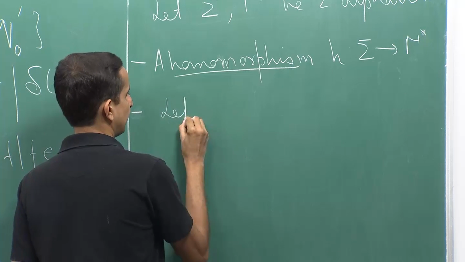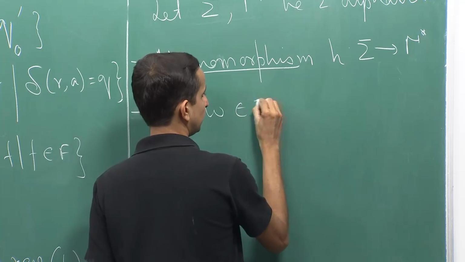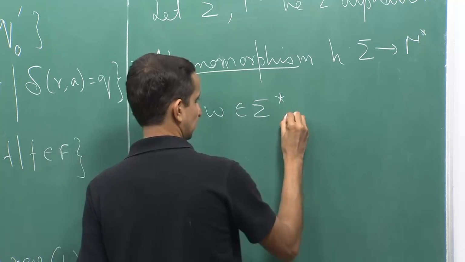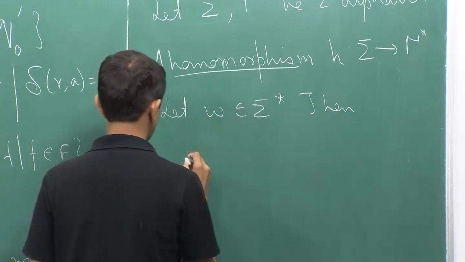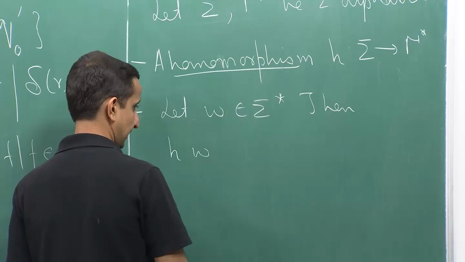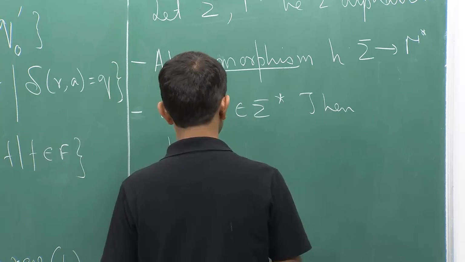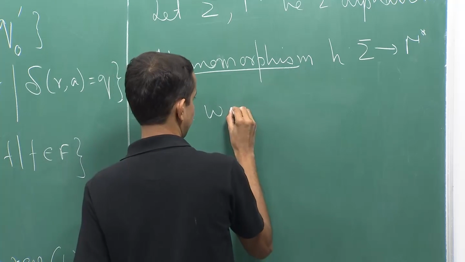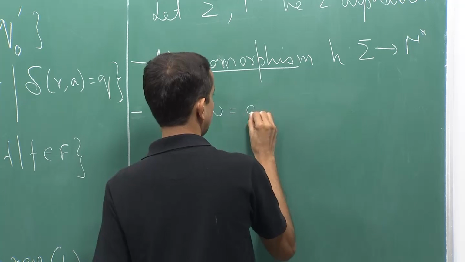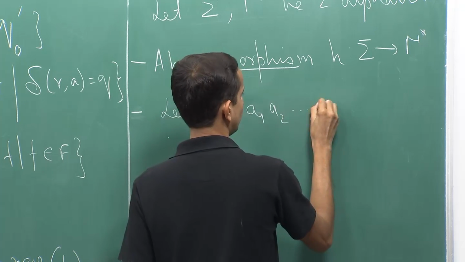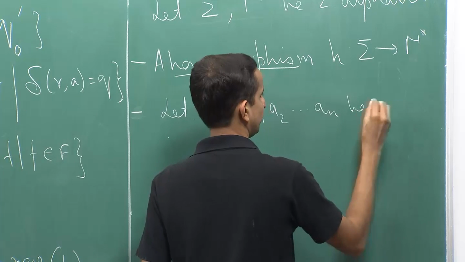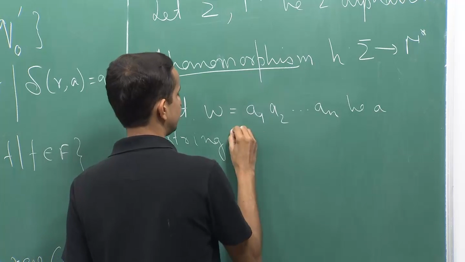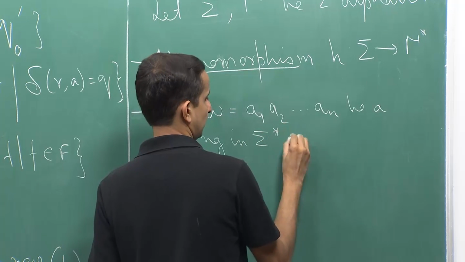So, let W equal A1, A2 up to AN be a string in sigma star.